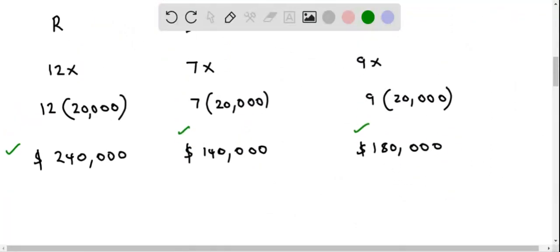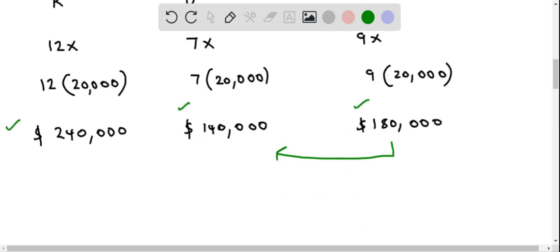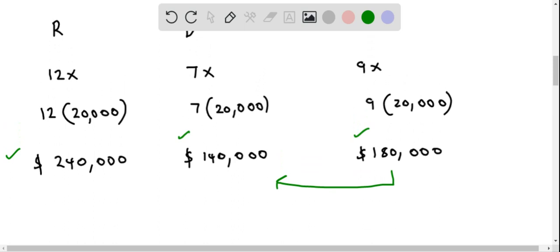So when Codger sells to Dodger, he gives away all his share to Dodger. So I'm going to put this R. This R worth is $240,000. I just put only the numbers without the dollar symbol. Now we have to add this 140,000 with 180,000, so that we can determine the Dodger share now after Codger sells his share to Dodger.